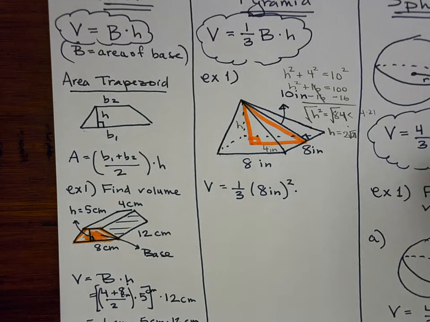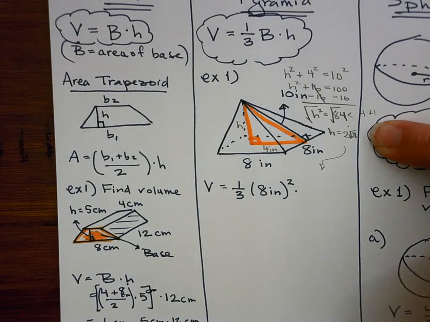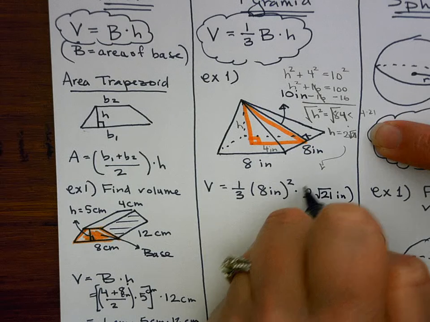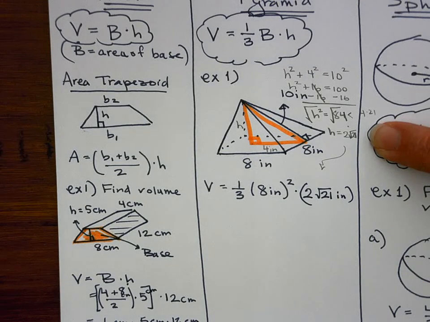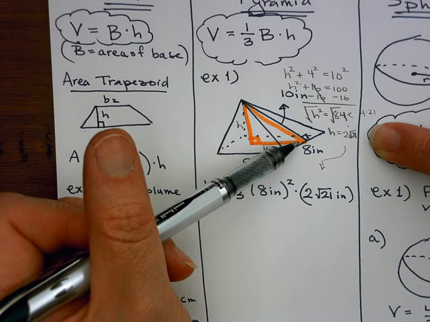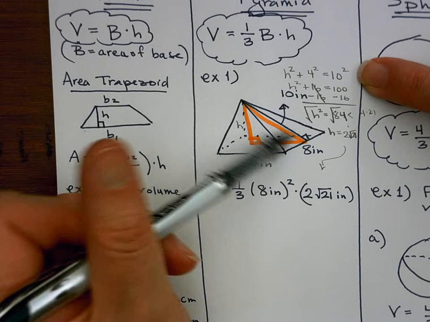So then the h I'm going to use is 2 root 21. Okay, so what I do is the Pythagorean theorem, right? a squared plus b squared equals c squared. And then I did 4 squared plus h squared equals 10 squared, and then just solve for h.